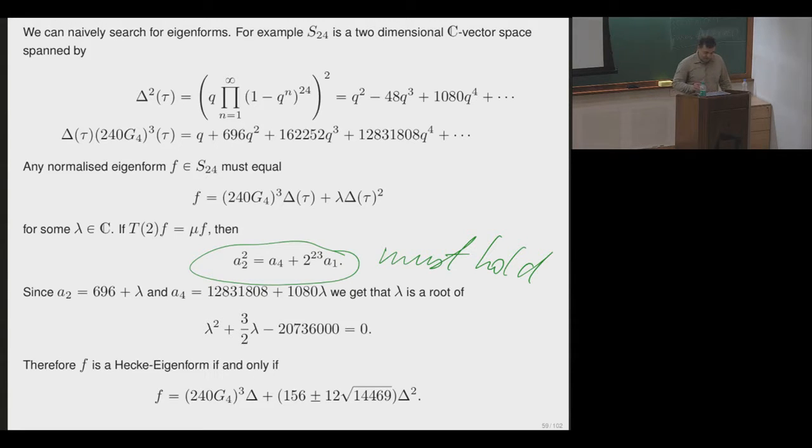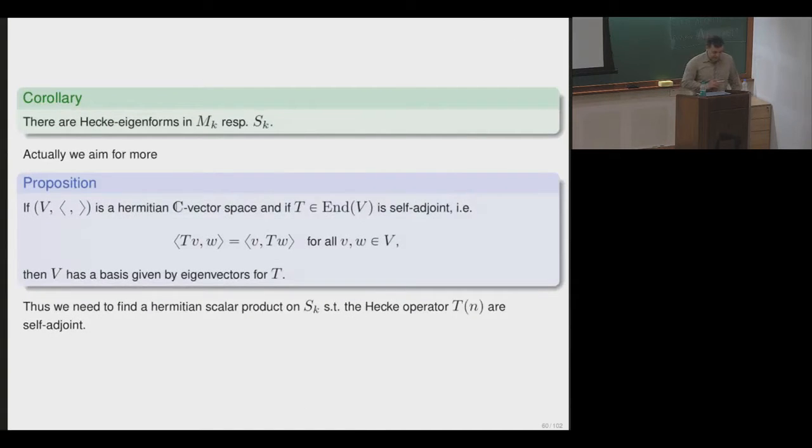It's a totally real number field, which also attracts number theorists. And so the upshot is that there exist Hecke eigenforms because you just enforce this. You have a finite number of equations you have to solve. When you solve this finite number of equations, you get a Hecke eigenform. And so there are ones.